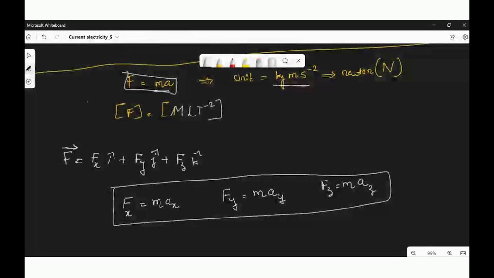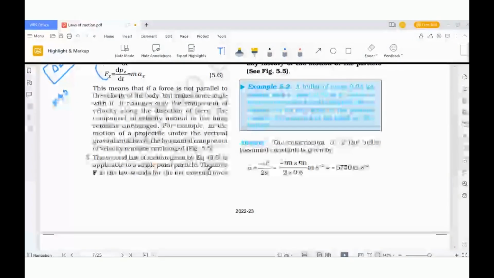Moving ahead. Can you see the screen? Still loading.